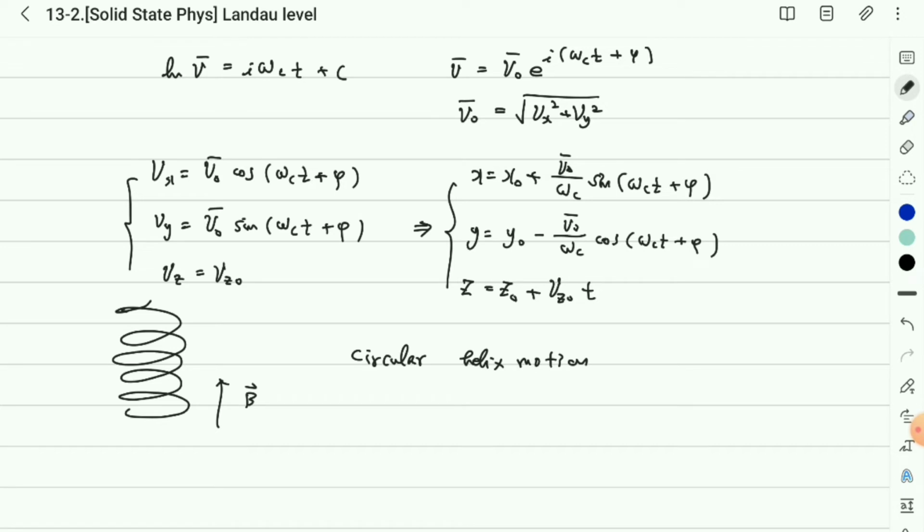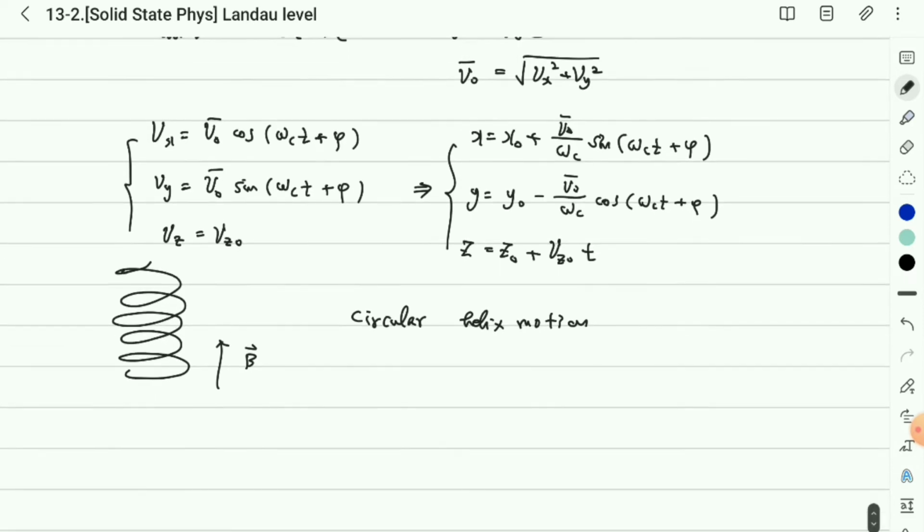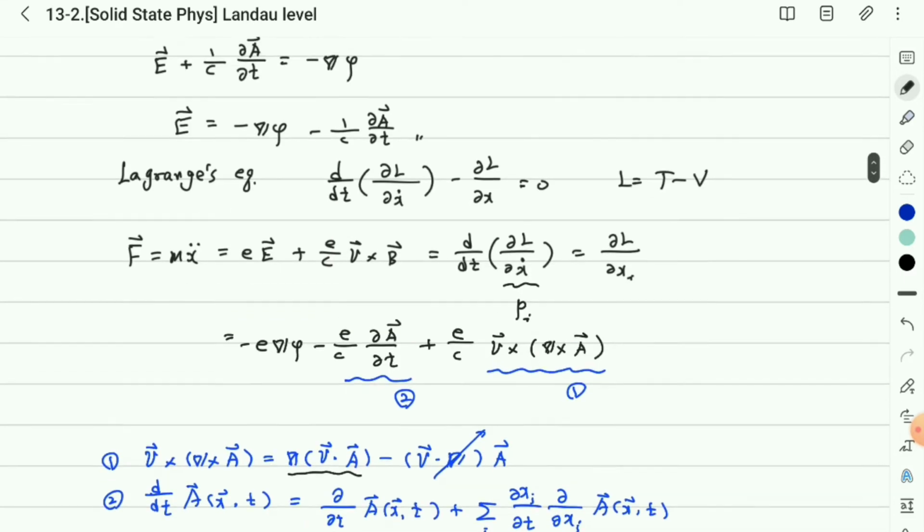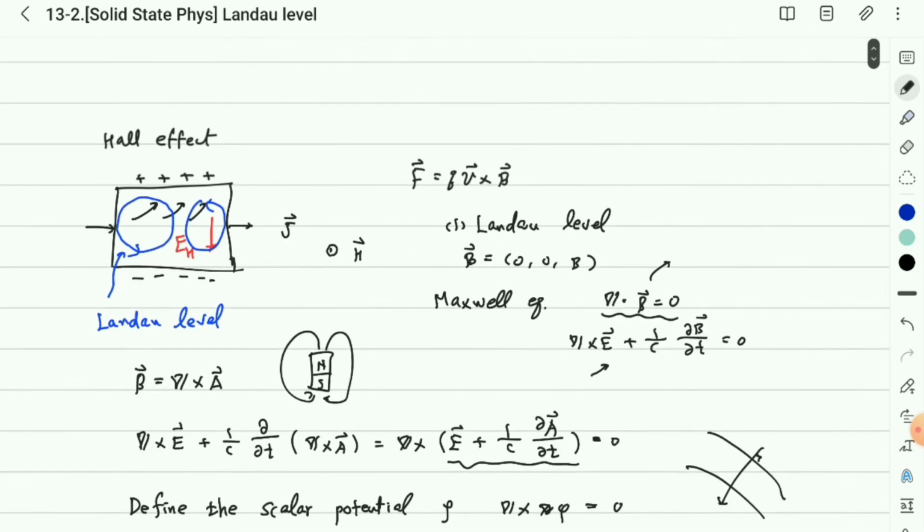But we should calculate this classical point of view by a quantum mechanical description, and here we will calculate by the quantum mechanical description. Let me say that it is a Landau level.